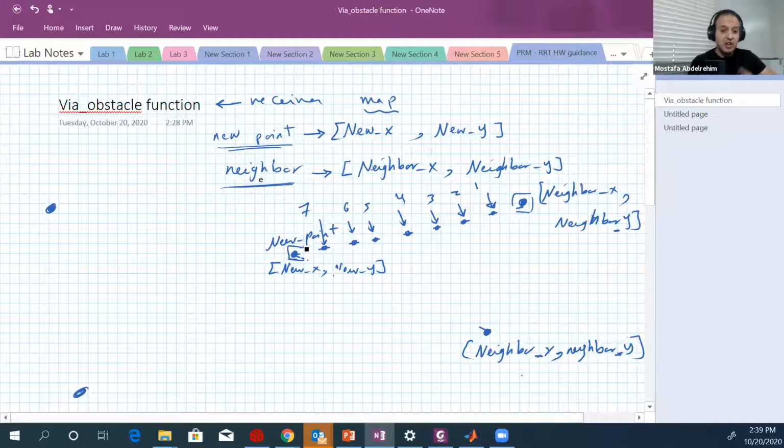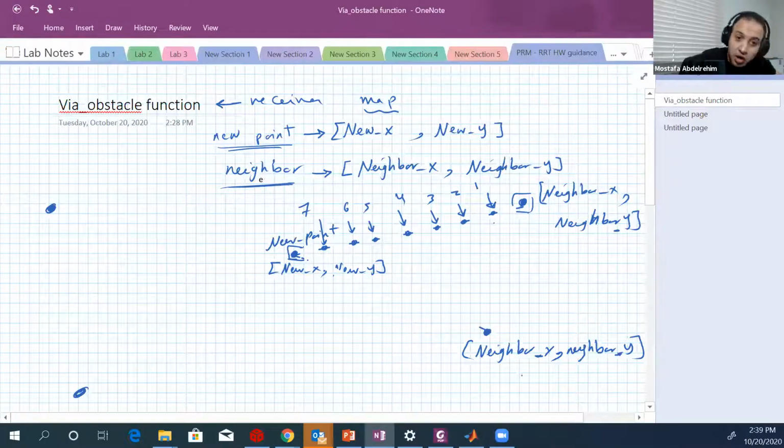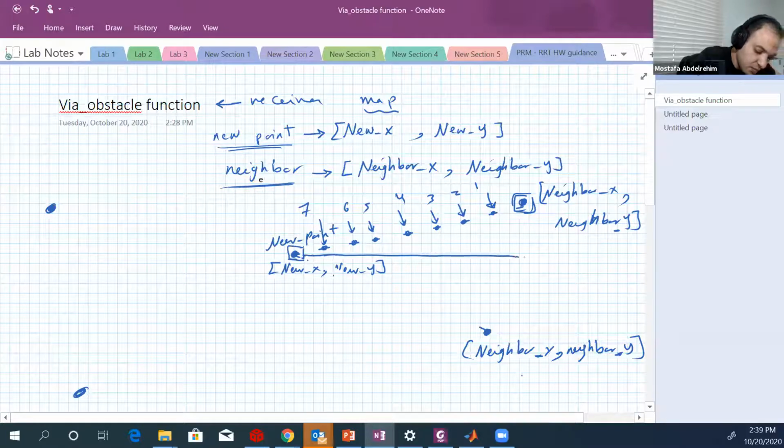We will assume that if none of these points belong to any obstacle, then there is no obstacle between this node and this node. Okay, so here let me draw a horizontal line like this, and then a vertical line.